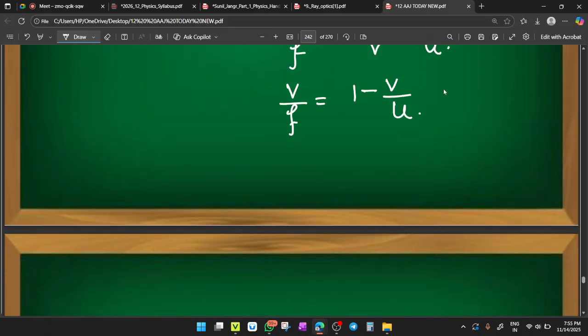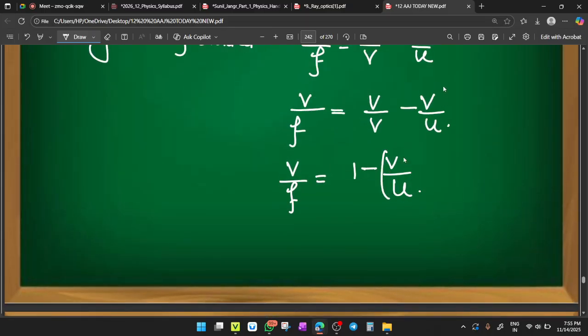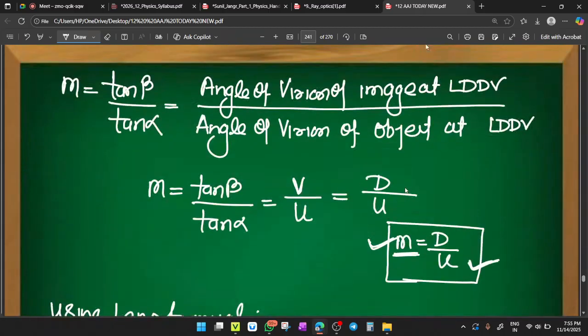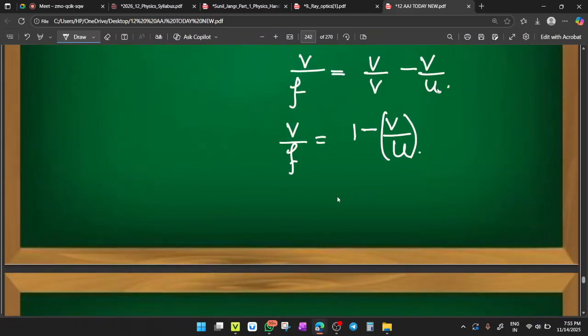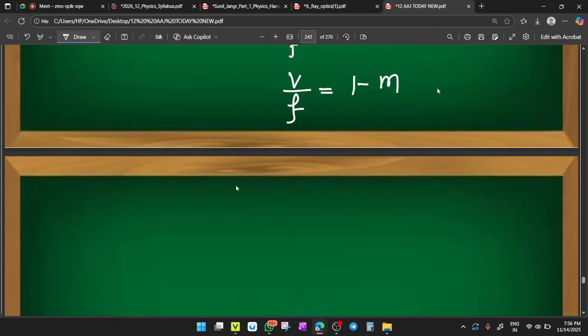Clear? Now V by U, we just derived, is equal to magnification. So V by F is equal to 1 minus magnification M. Making M the subject, M equals 1 minus V by F. Clear?